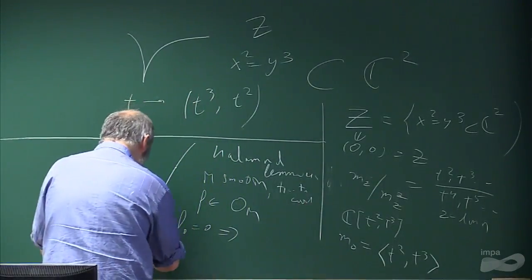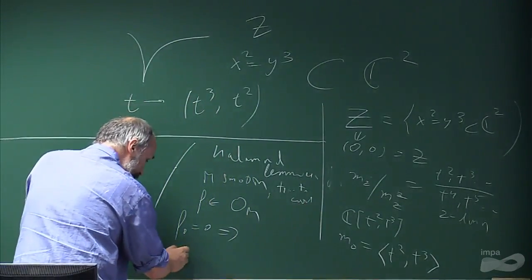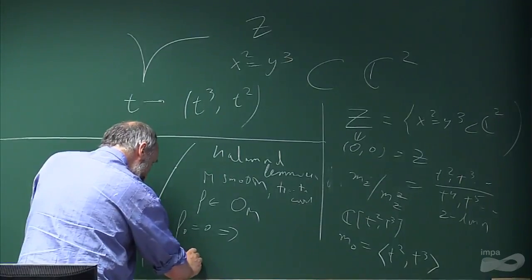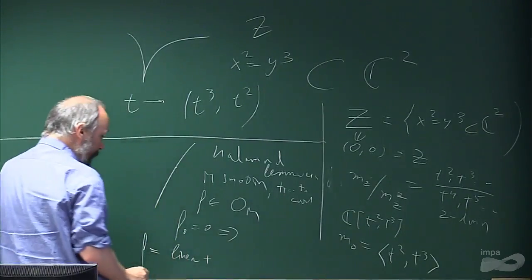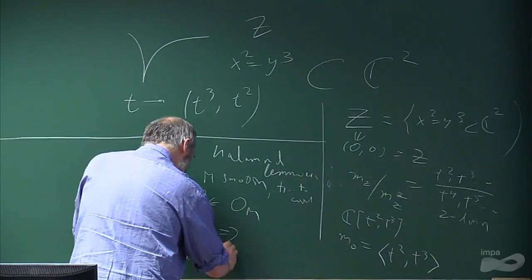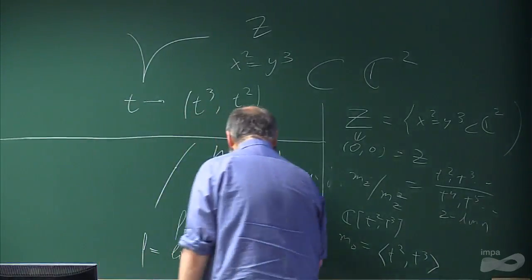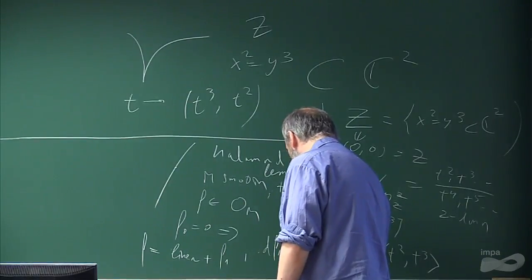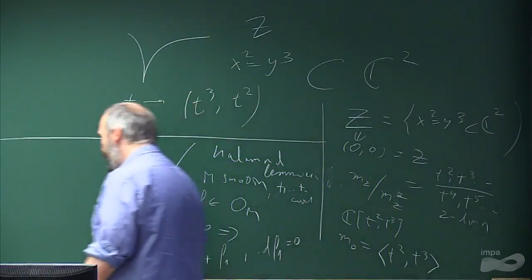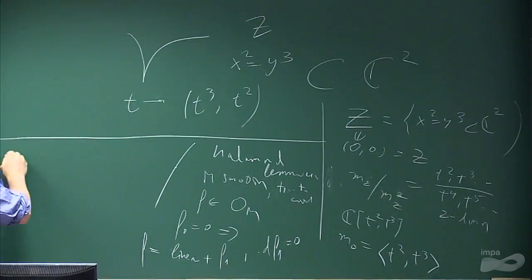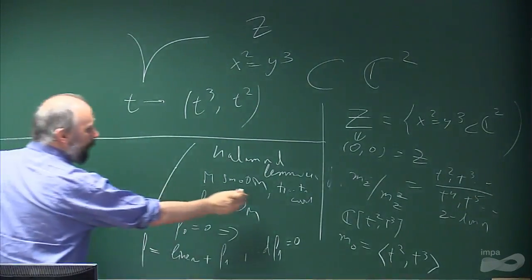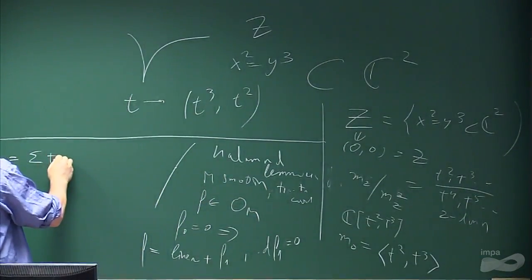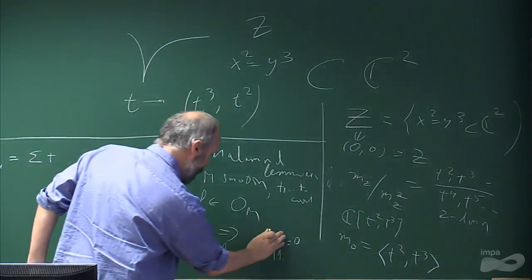Then f is equal to some linear term plus f1, where the derivative of f1 is equal to 0, and also f1 is a sum, let's call it g better.